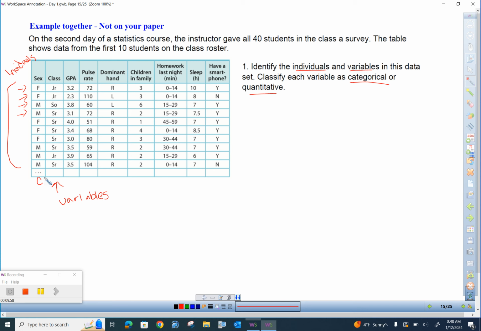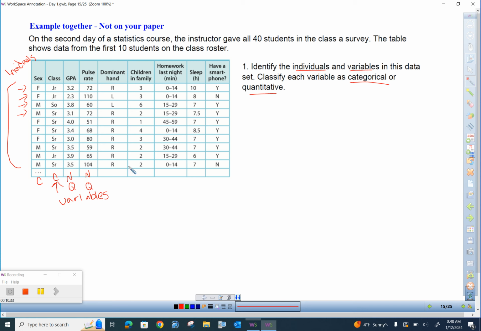Even though they would look like numbers, it is a categorical variable. Class, that's another categorical variable. GPA here looks numerical. You can have an average GPA. Numerical we're going to call quantitative for this class. Pulse rate is another numerical value, and it's quantitative.